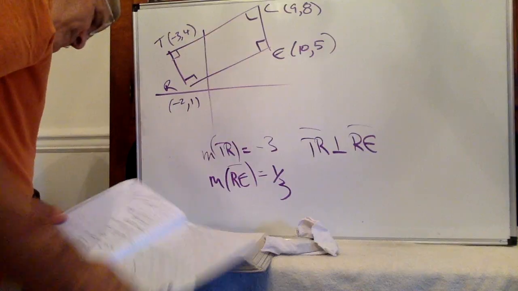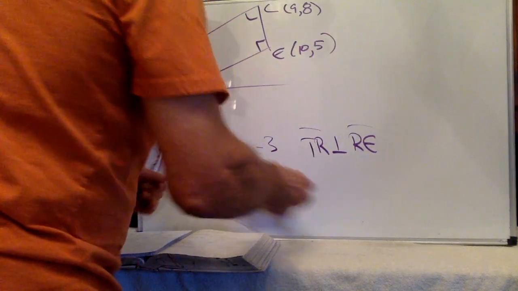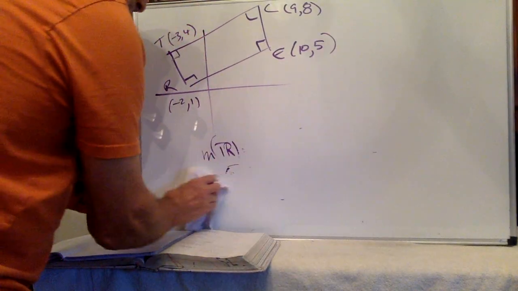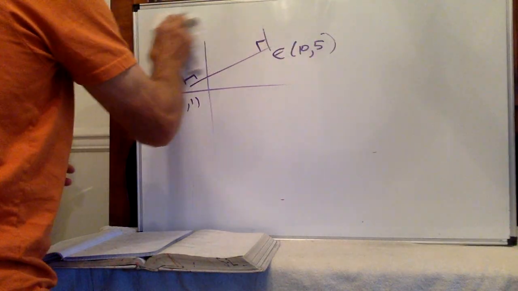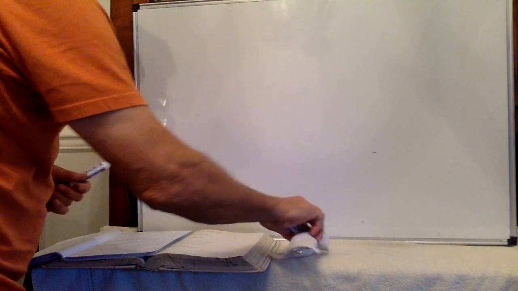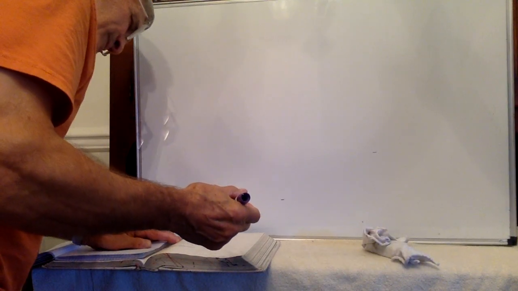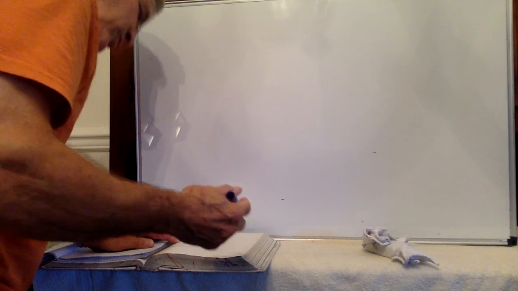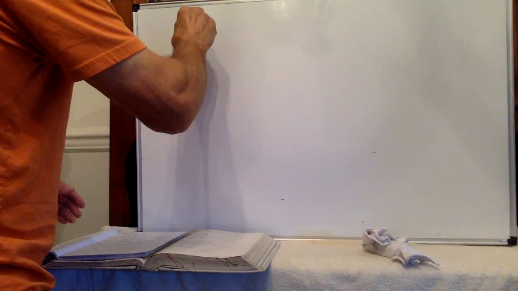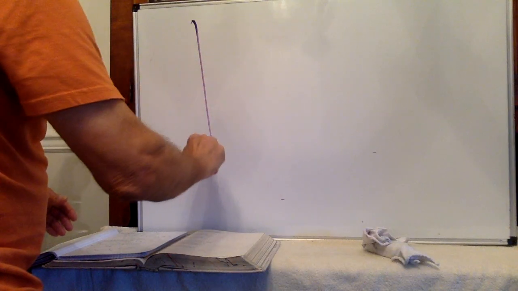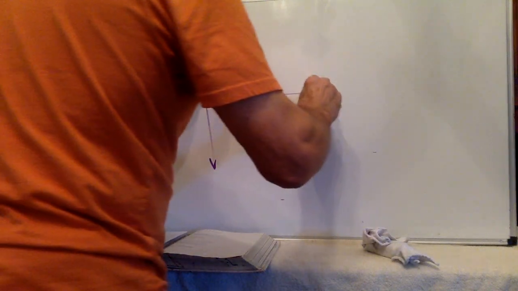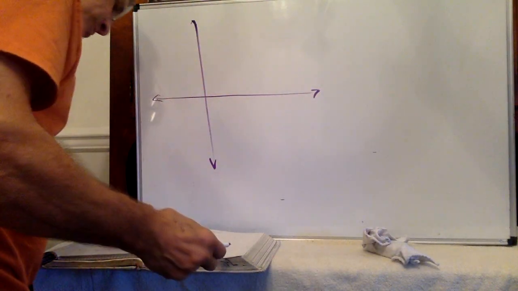Number 10. Number 10 said, are the following 3 points collinear? This one you had to use a little bit of thinking power.